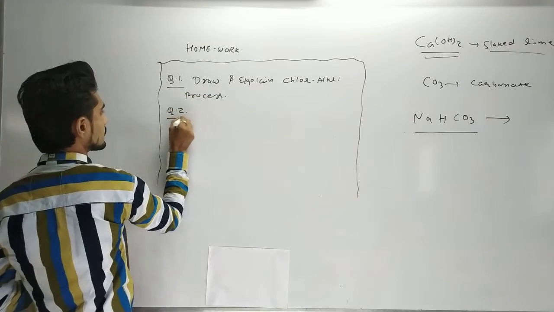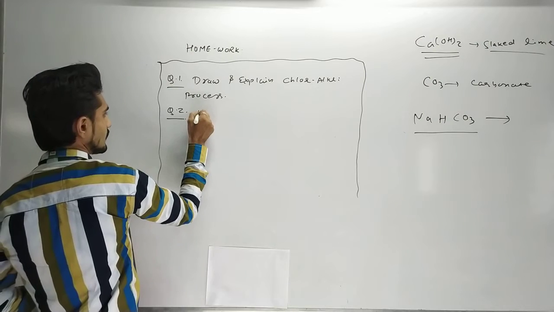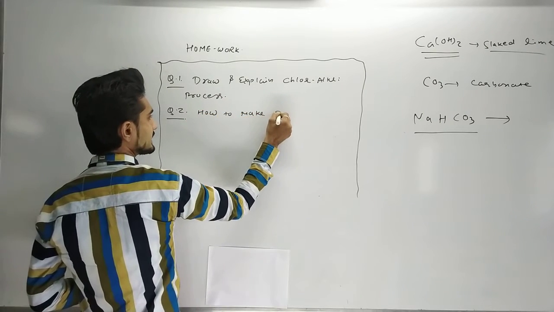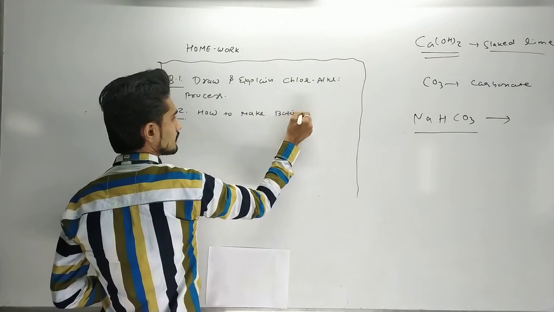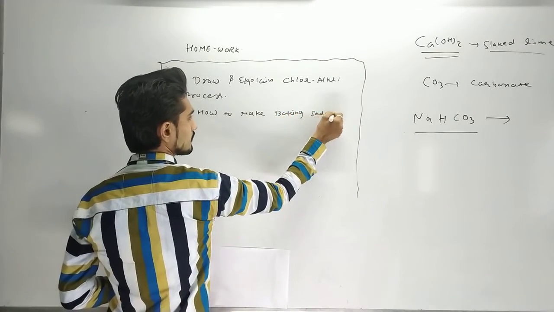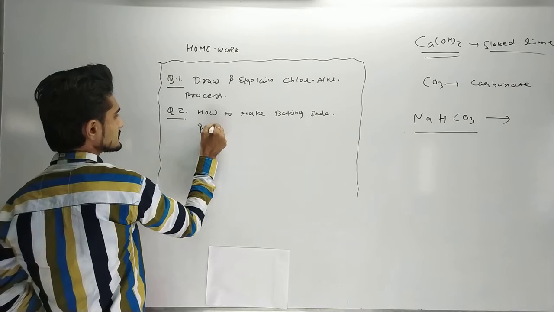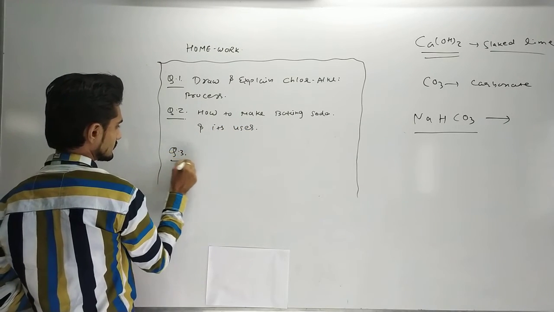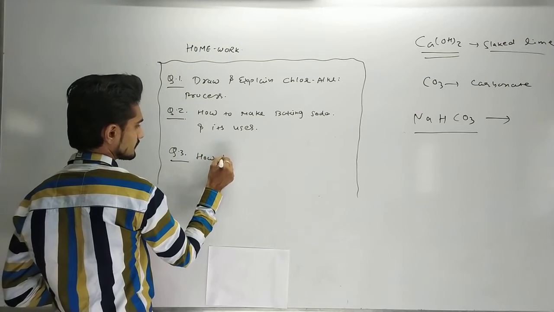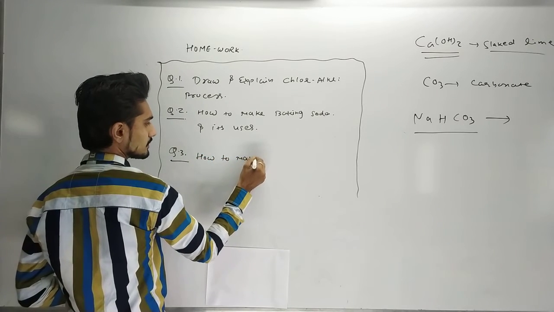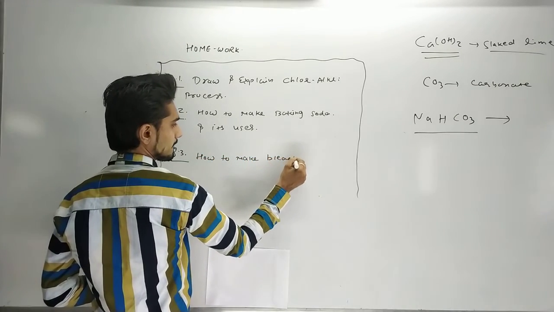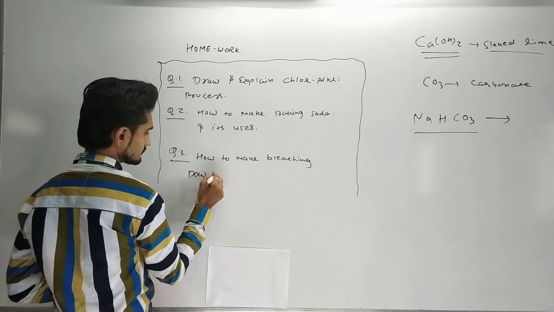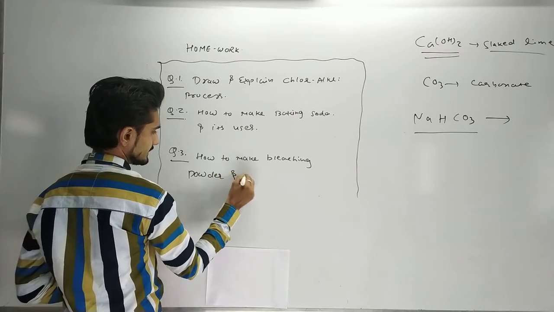Question 2. How to make baking soda and its uses. Question 3. How to make bleaching powder and its uses.